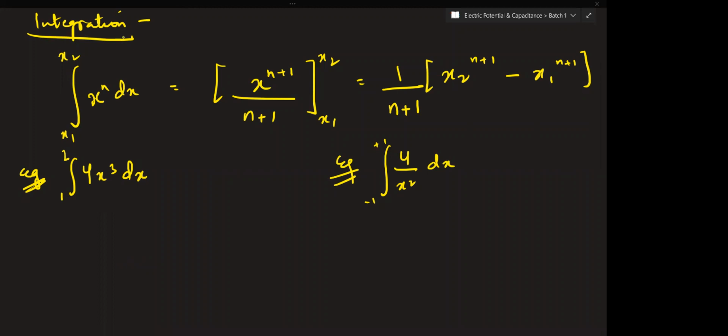Yes, the answer of the first example, 4x cube dx, integration from 1 to 2. Hania, Khalid, Memuna, Samaira, Sara, all of you answer.